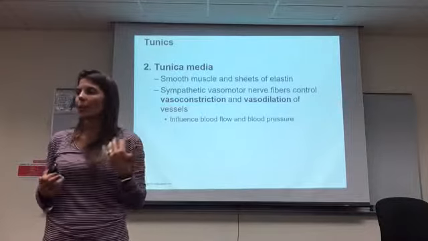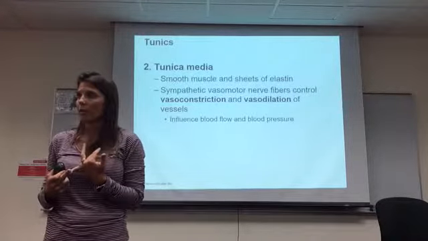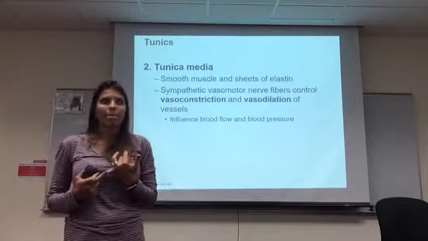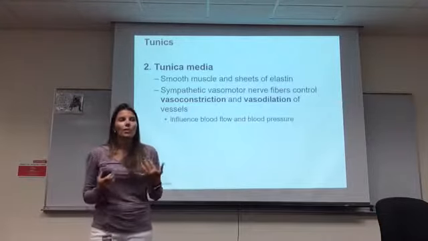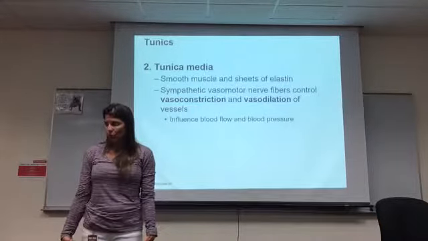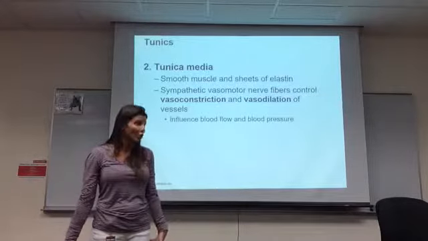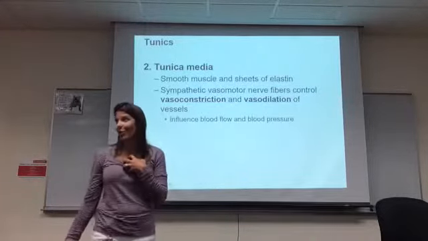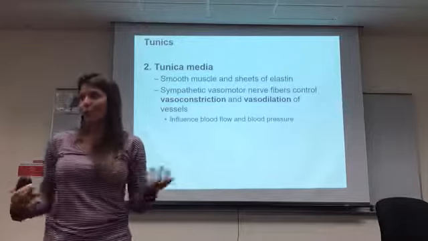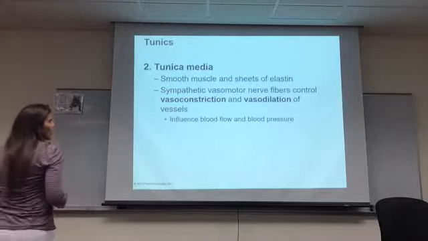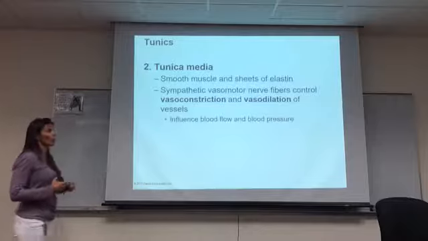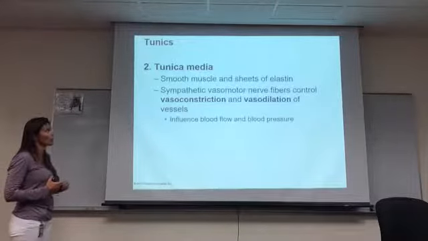Not only does it say it up there, but if skeletal muscle is located where? Skeletal muscle is attached to your bones. Cardiac muscle is only found in your heart. So if it's not attached to your bones, or specifically your heart, then it has to be smooth. Okay? So the tunica media, or the middle layer of all your vessels, is composed of smooth muscle.